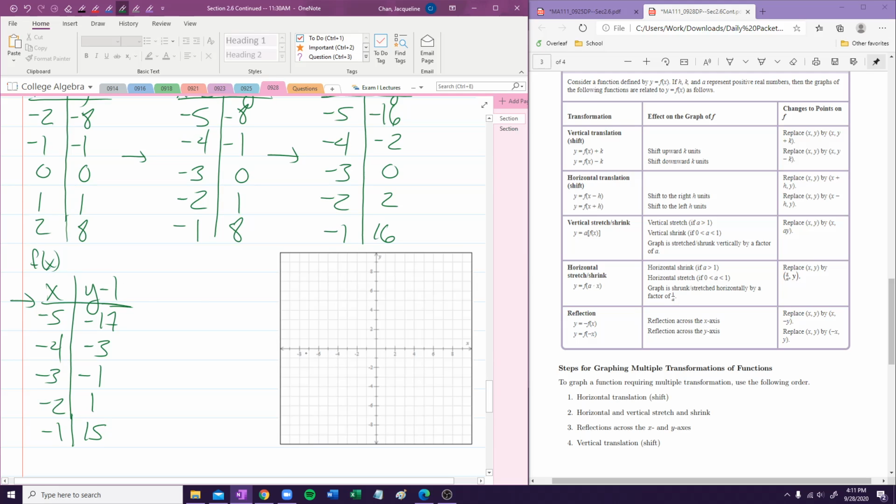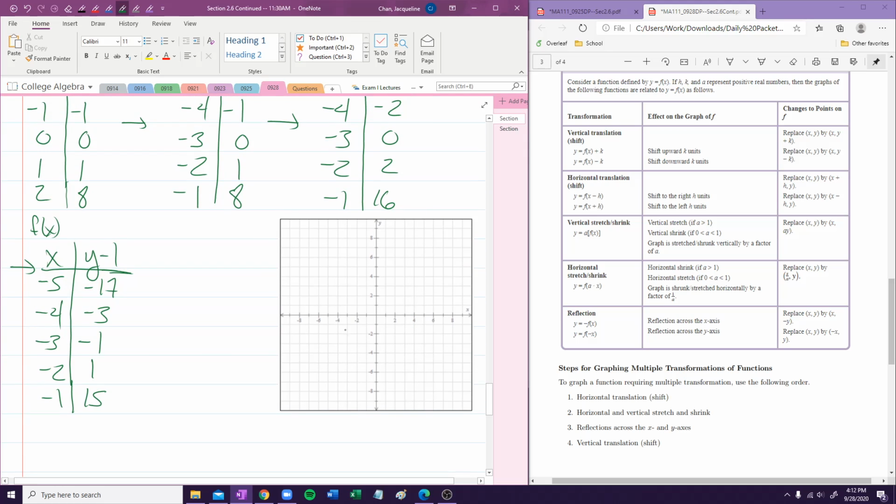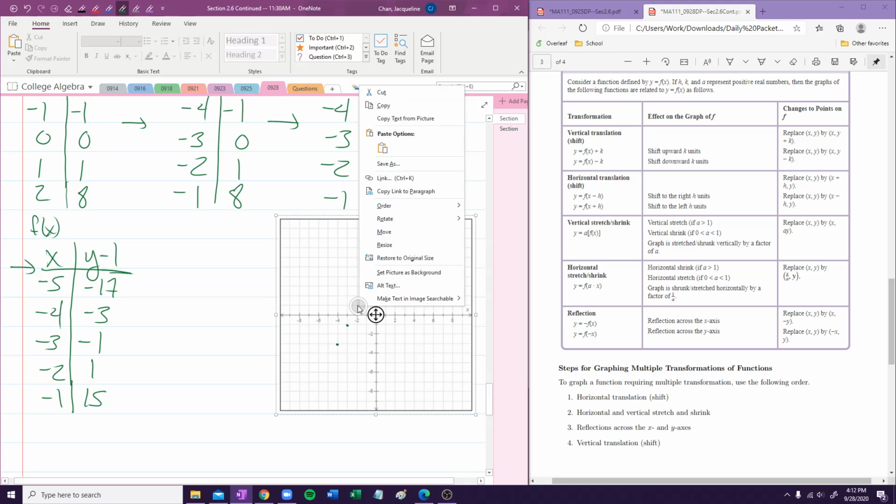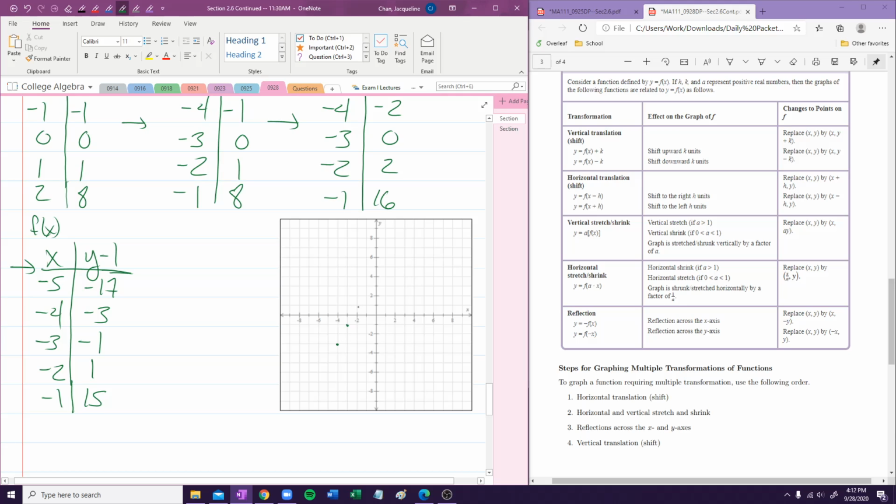So let's graph it. So I have -5, -17, so that's really, really low, so I'm not even going to bother. I have -4, -3, -3, -1, -2, positive, -2, sorry, negative, -2, 1, -1, 15.